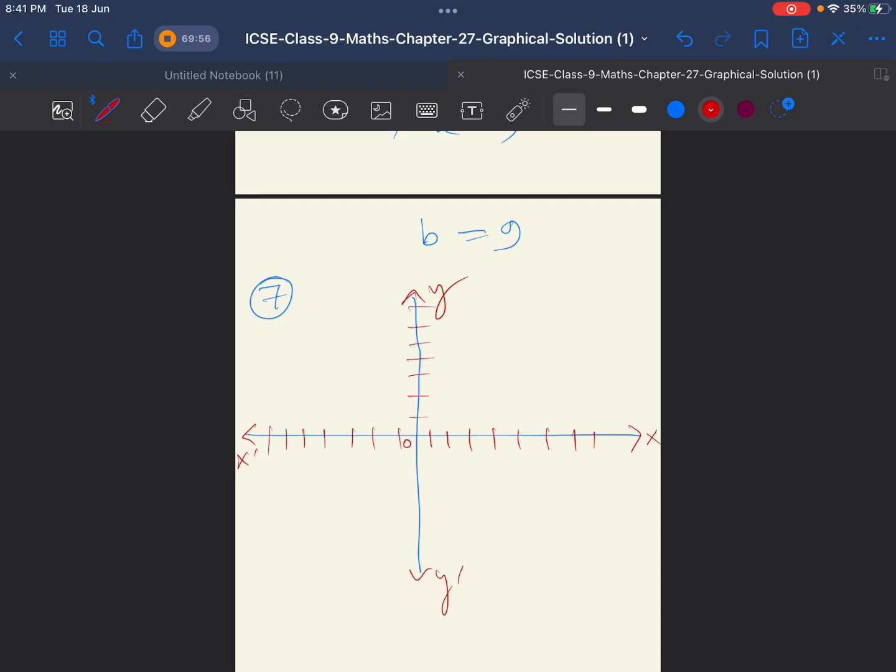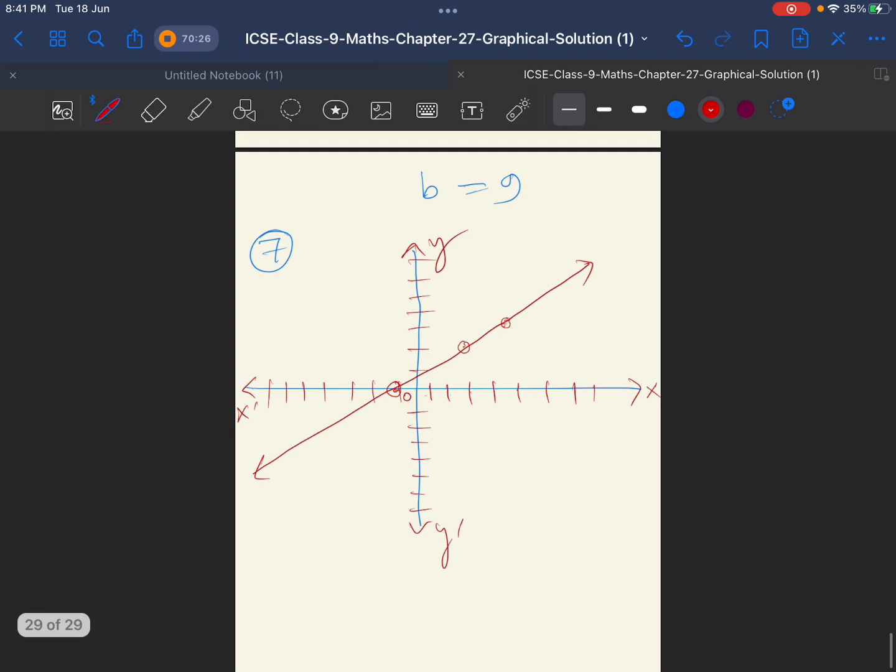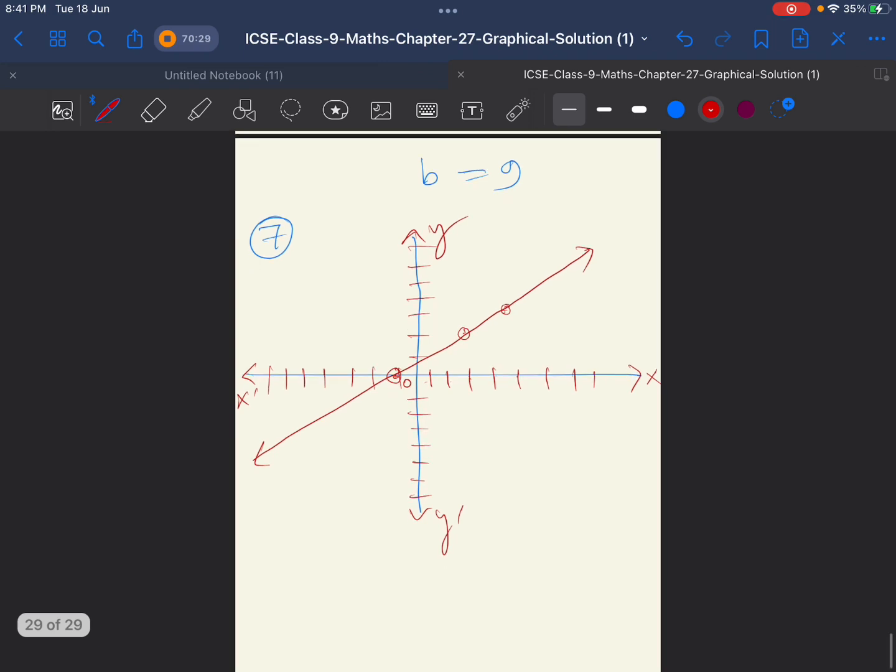Now the point 3, 2 is here, the point 5, 3 is here, and the point minus 1, 0 is here. So now we draw a straight line. This is a straight line.